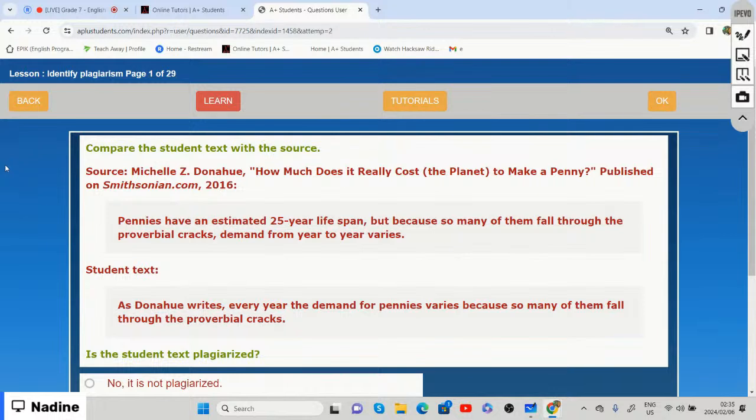So we're going to compare these two texts, right? One that is paraphrased and one that is not. So the source is Michelle Z. Donna U, and the name is "How Much Does It Really Cost to Make a Penny?"